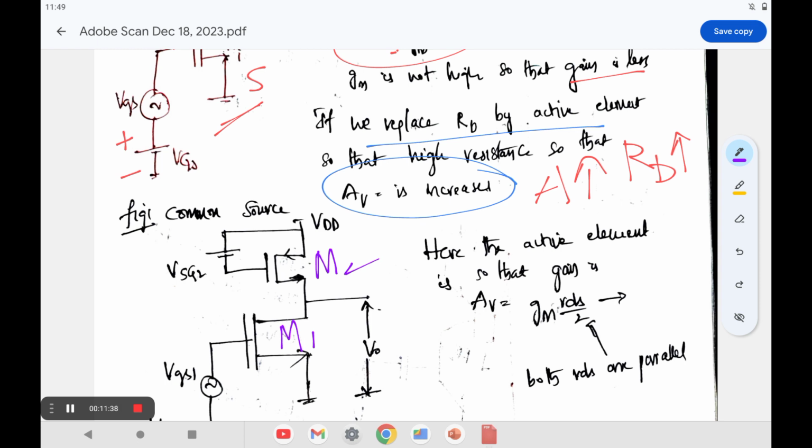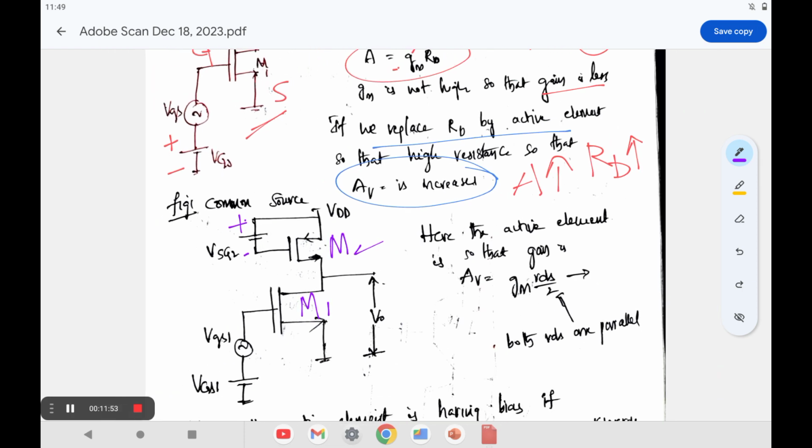If you are replacing the RD element with the M2 device, obviously we need to provide VGS. So this is VGS2, and this is VGS1. Here VGS1 is the biasing for the M1 device, and VGS2 is the biasing for the second device, M2.